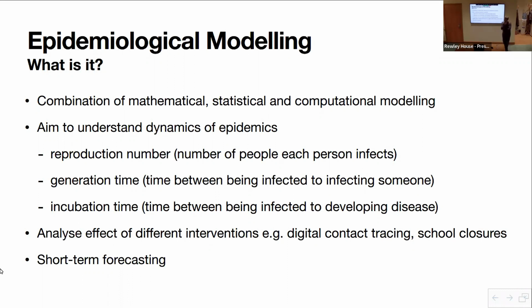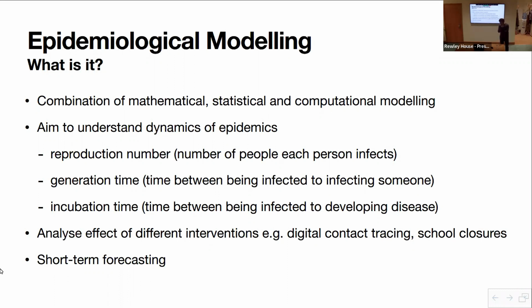So understanding an epidemic is one of the really crucial things which epidemiologists and epidemiological modeling is about. The second most important thing, I would say, is trying to understand what type of interventions are going to work. I'll talk about digital contact tracing, but people will look at things like school closures and other measures.